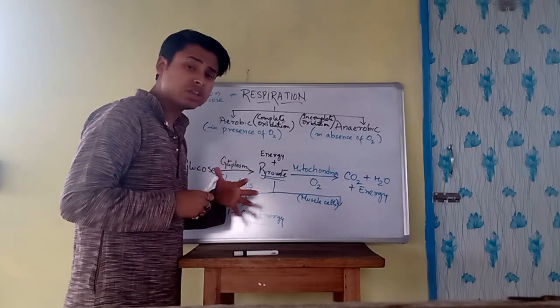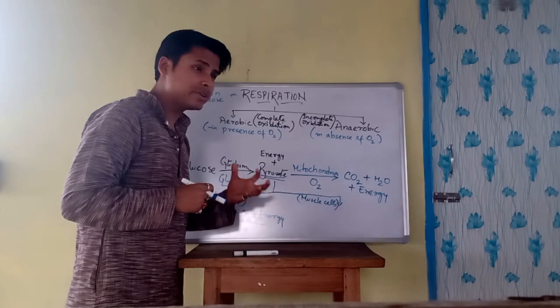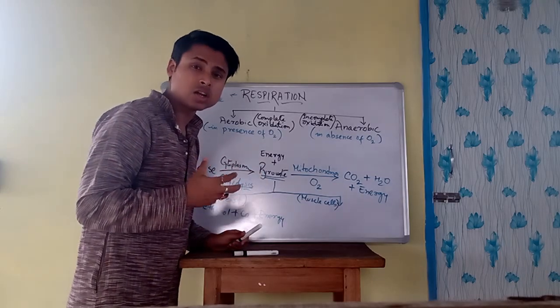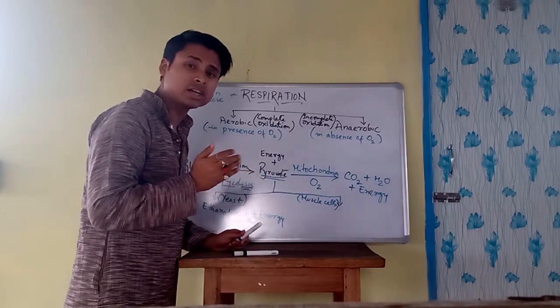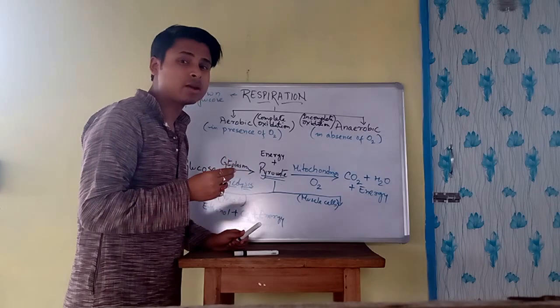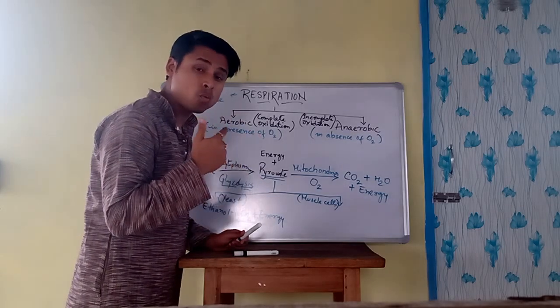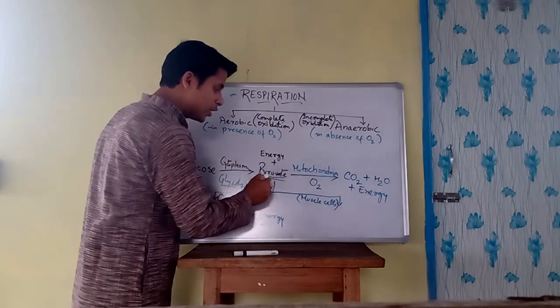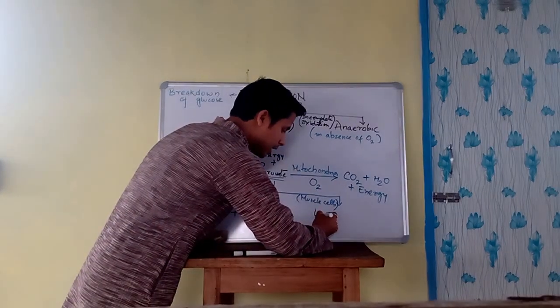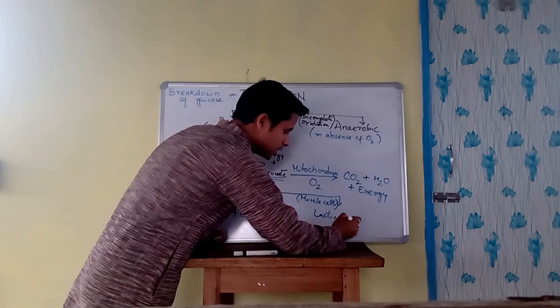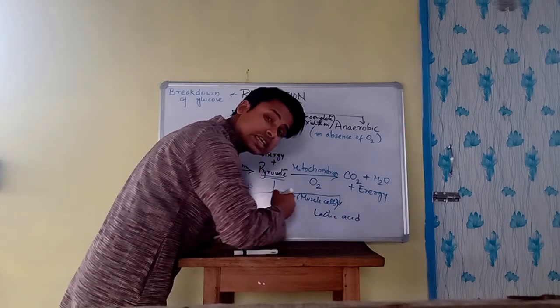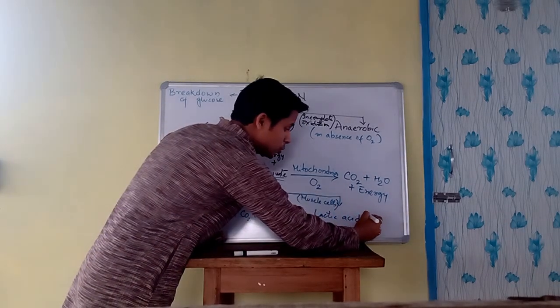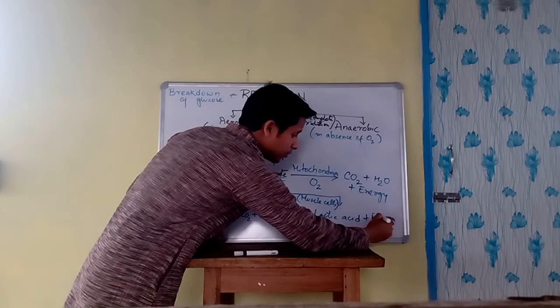At that time they get cramps. This cramp is because of lack of oxygen. Oxygen supply doesn't remain continuous inside the muscle cell, and because of that the cramp happens. Due to the absence of oxygen, the pyruvate will convert and form lactic acid, and it will give energy.